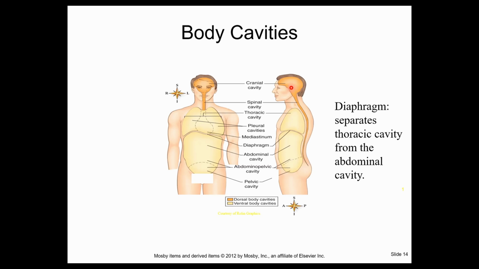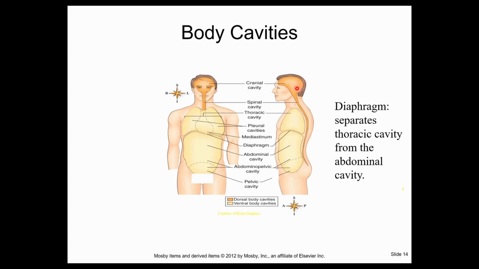The dorsal cavity houses the brain and the spinal cord. So these are the two major divisions, ventral and dorsal cavities. As we said, ventral, which we just described, consists of thoracic and abdominopelvic. Dorsal consists of the cranial and spinal cavities.